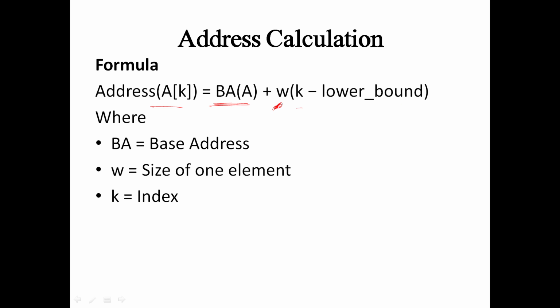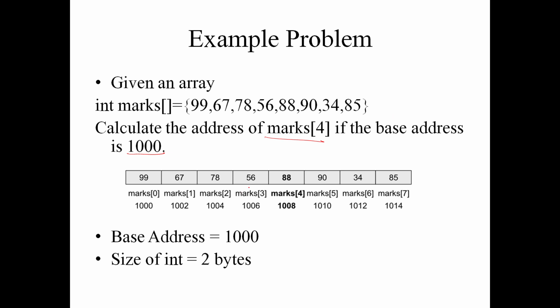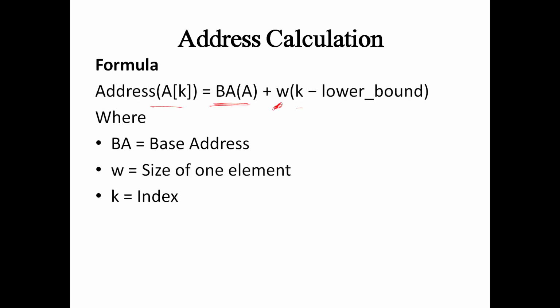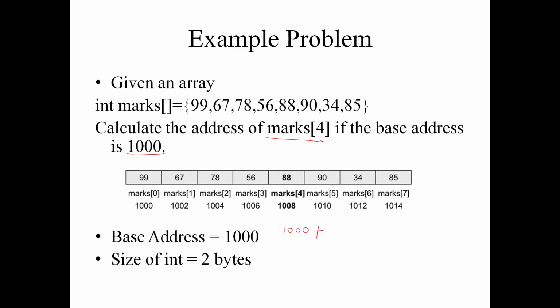Next comes the problem. So how do we calculate marks of 4? Marks of 4 is equal to base address, which is 1000, plus the width of every element. Here it is int marks, so I'm assuming the integer data type width is 2 bytes, and we need the fourth index, marks of 4.